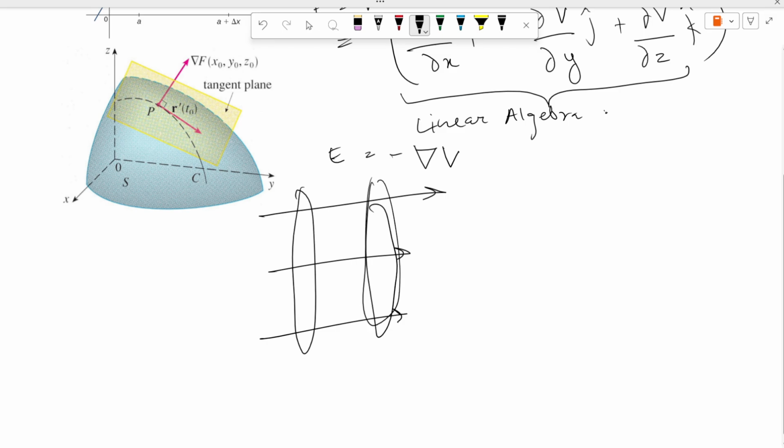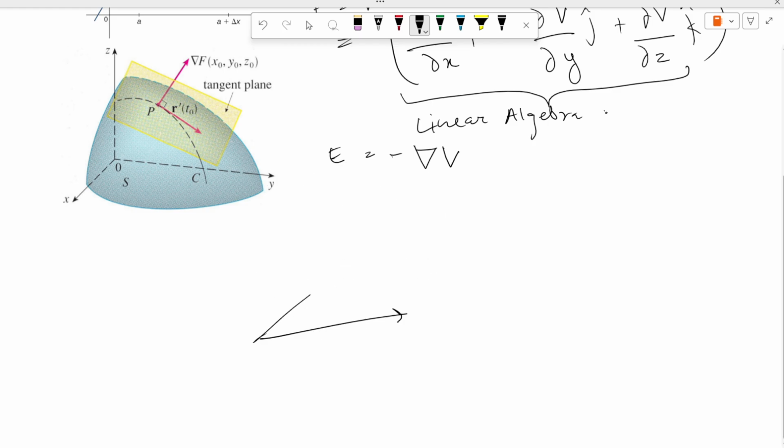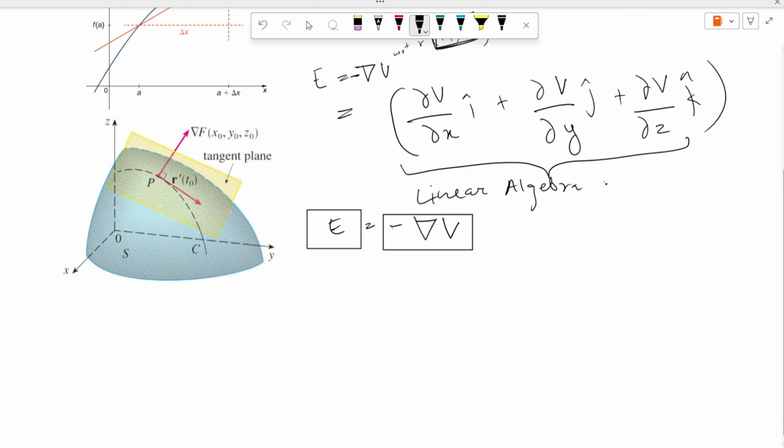Let's consider this a uniform field. Then these are equipotential surfaces where this is higher and this is lower. As you move along the electric field, the potential decreases. So the electric field is giving you the steepest way of decrease in potential, right? That is what we understand by its definition.